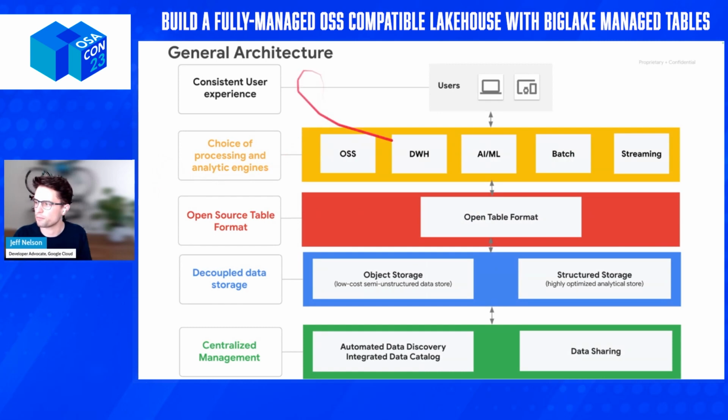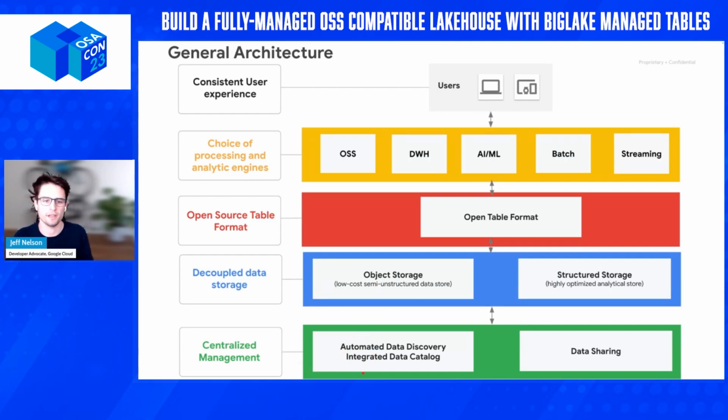And what does this look like in practice? Well, as a developer, you should have a consistent user experience no matter how you access the data, from a UI, an SDK, an API. And you should have a choice of the analytics engine that you use across that data. The engine can sit on top of open table formats like Iceberg, Hudi, Delta Lake, or they can just access the files directly in a low-cost object store of your choice, and in a variety of file formats, be that Parquet, JSON, Avro, whatever it may be.